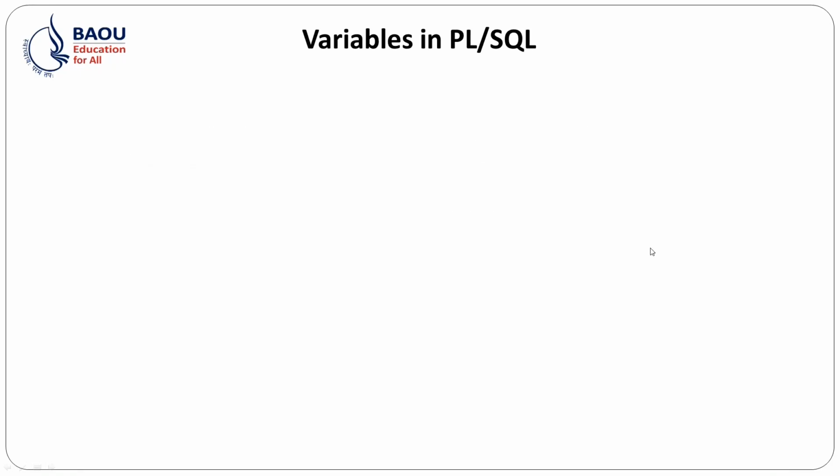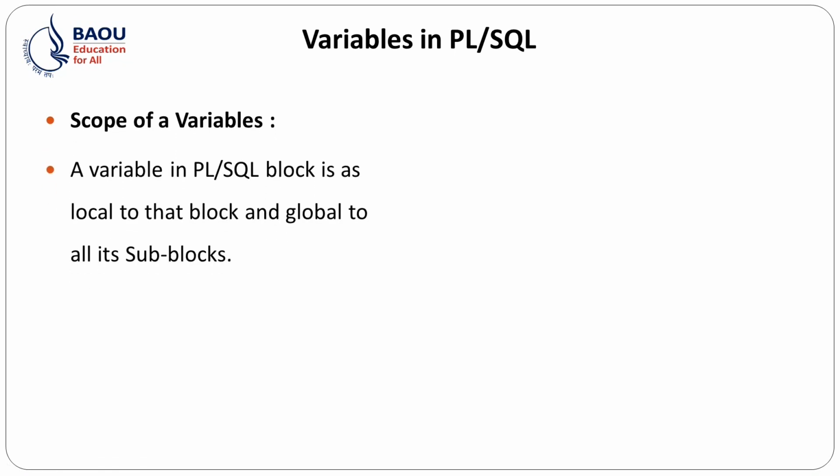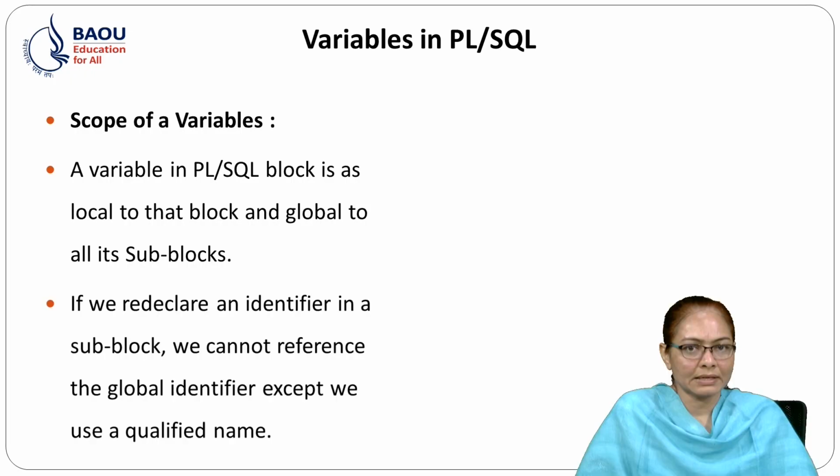Now what is the scope of the variable? A variable in a PL/SQL block is local to that block and global to all its sub-blocks. If we redeclare an identifier in a sub-block, we cannot reference the global identifier except by using the qualified name.